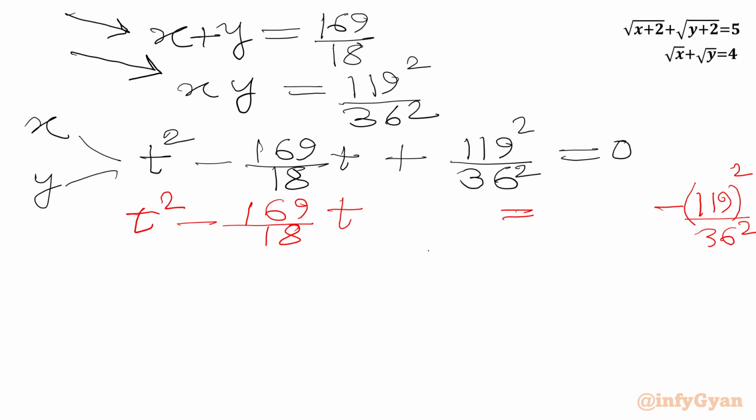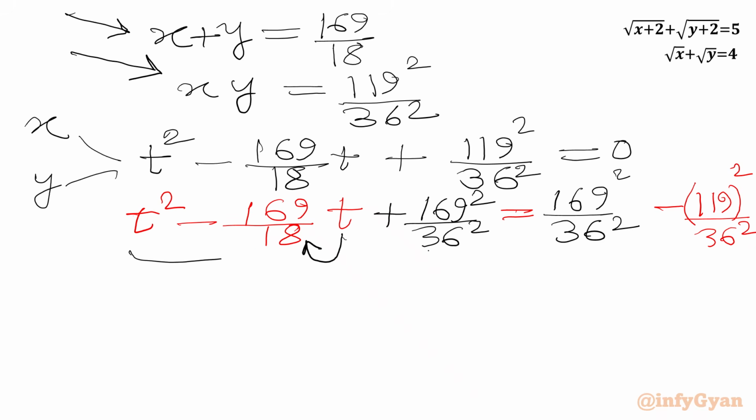Now we have the coefficient of t, minus 169 over 18. Half of this is minus 169 over 36. Square of this will be equal to 169 square over 36 square, which we will add in LHS and RHS.